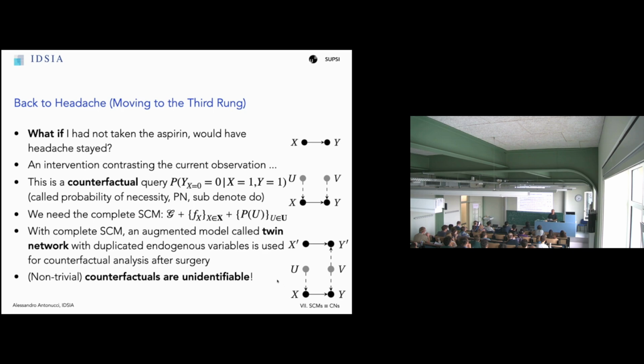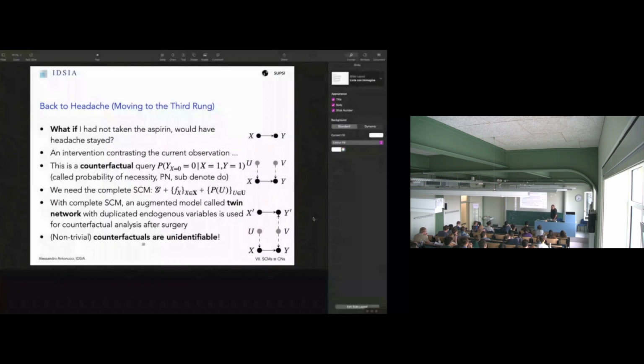And to model a counterfactual query, you have basically to duplicate your observable variables. So X and Y, in a counterfactual setup, we have duplicated these variables, because this is the real world, and this is the counterfactual world.